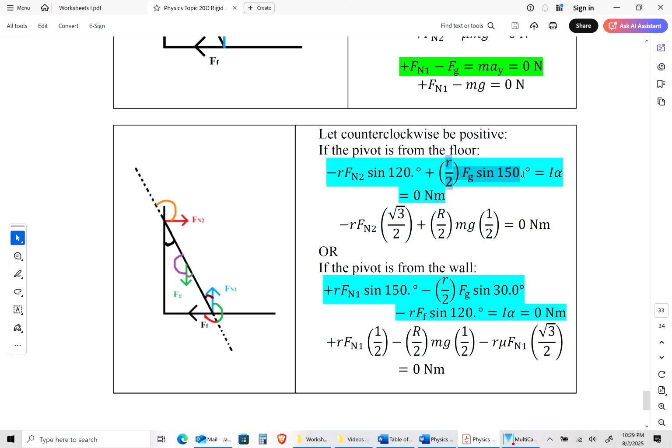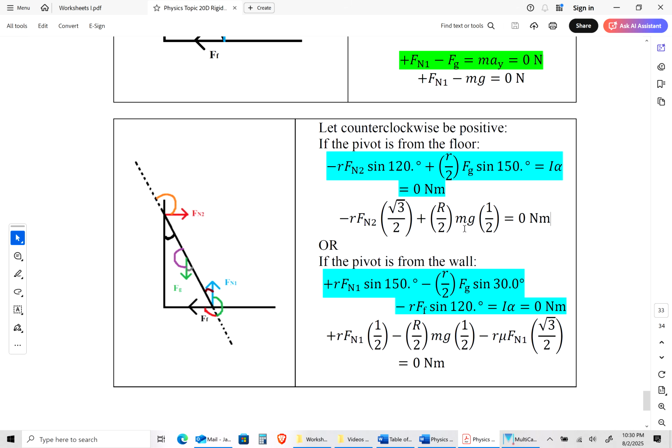The second part is going to be RF. So what is R? It's going to be R over 2. What is F is the force of gravity, because we're treating the whole mass of the ladder to just be at the center. So then we could simplify this equation.